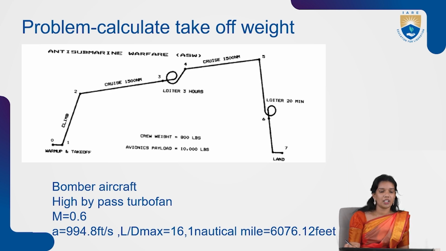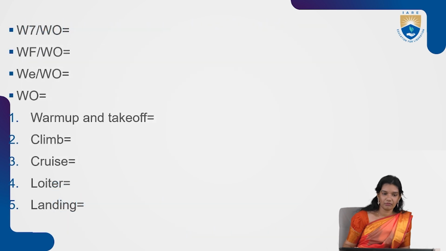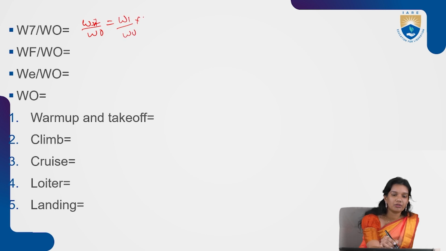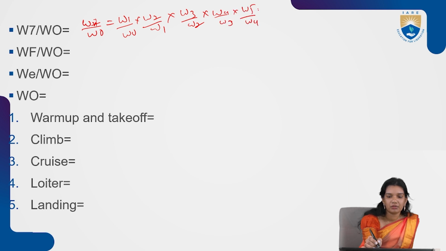In order to find the takeoff weight estimation, first of all, we need to calculate W7 by W0, which is my Wx by W0, the product over the number of segments. I have a complete of 7 segments. So W7 by W0 is W1 by W0 into W2 by W1, W3 by W2, W4 by W3, W5 by W4, W6 by W5, and W7 by W6.